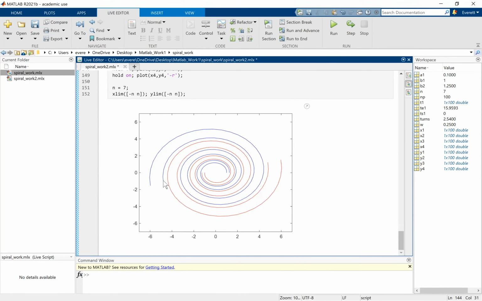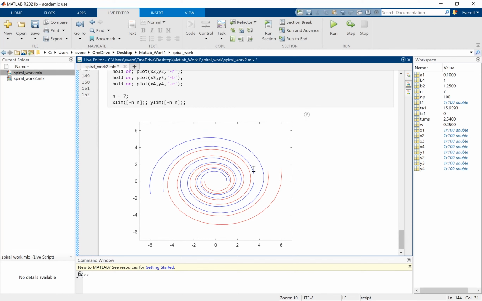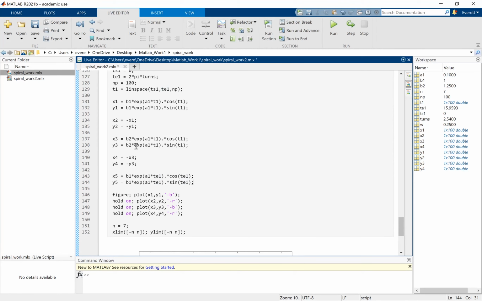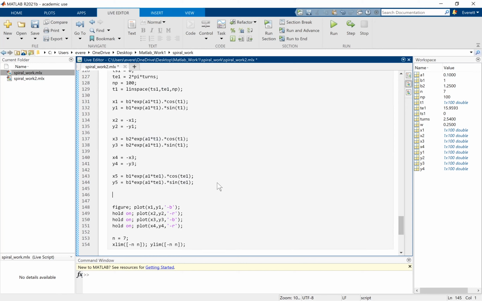So now we have the x and y coordinate of this point here, where this spiral ends. We just need the x and y coordinate of this one. Well, this outer edge here, this ends right here. So we have x6 equals this, where we plug in TE1, and then y6 equals this, where we plug in TE1.